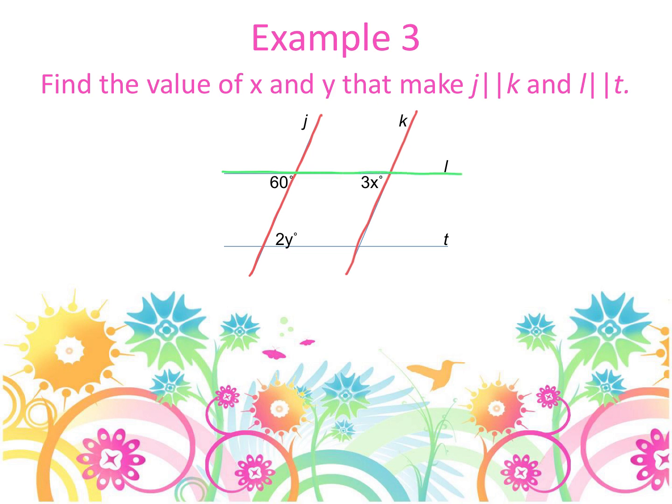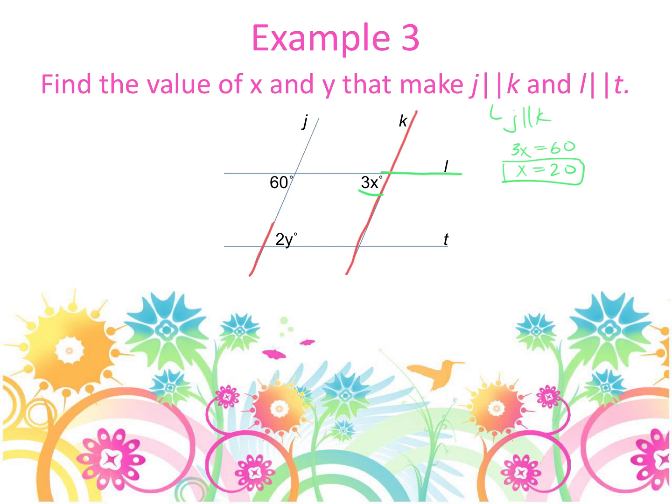I recognize that this angle here and this angle here are corresponding, and they must be congruent if my two lines are to be parallel. So to prove that J is parallel to K, I know that 3x must be equal to 60 degrees, so x must be 20. So if x is 20, then I know that J will be parallel to K. So that's my first thing.